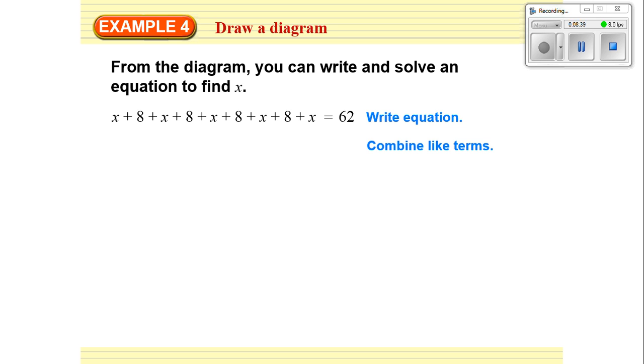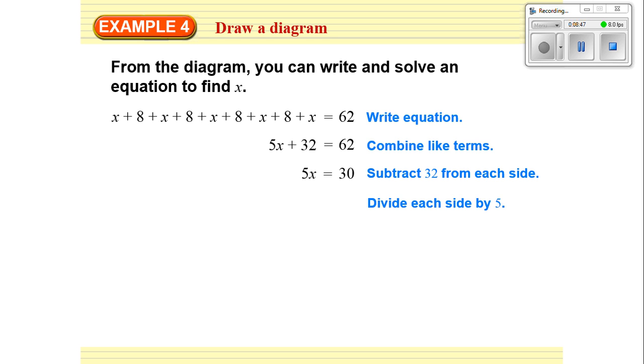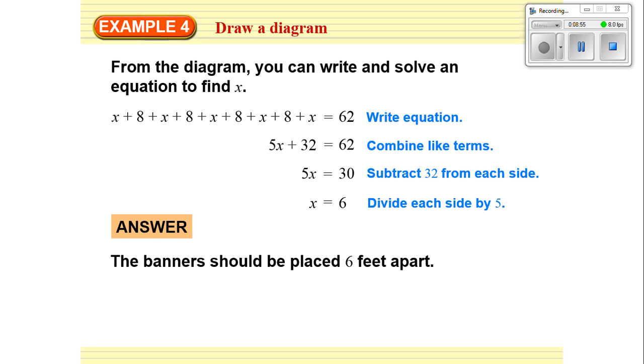We combine like terms. We get 5x plus 32 equals 62. Subtract 32 on both sides. Divide by 5, and you get x is equal to 6. Well, what does that mean? It means that we want to space each one of the banners 6 feet apart.